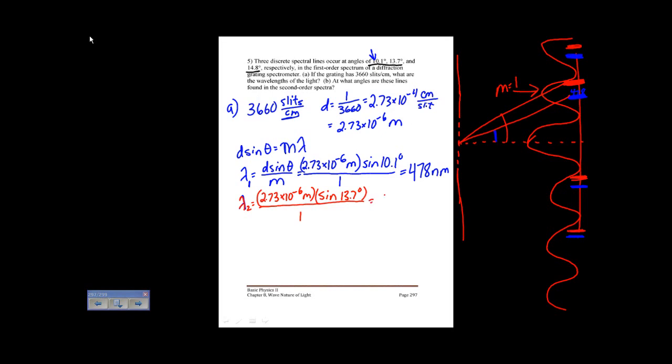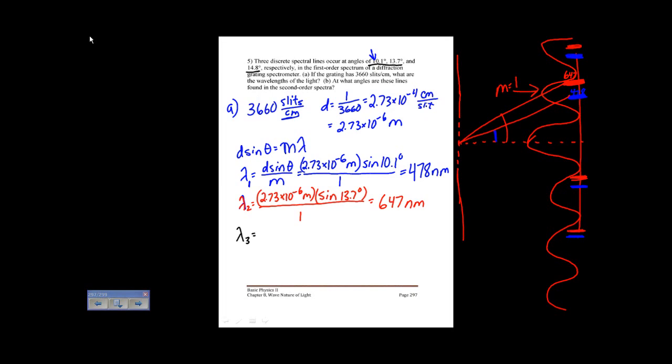And then that's going to give me a wavelength of 647 nanometers, which is the wavelength of this spot on the spectrum. Still in the first order, but at a different angle, because the light is being spread out into its different colors. And then the third one, I'll just give you the answer here, but it works out the same way.